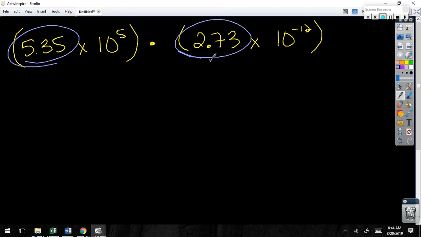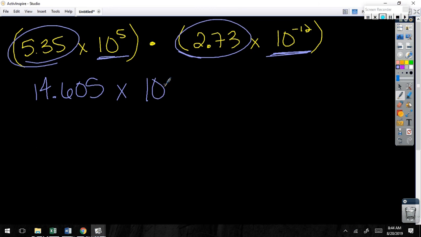It's 14. 14 what? 14. 5.35 times 2.73? 14 point what? And then we look at the tens, and because they're like bases, what do we do with the exponents? Add them. 5 plus negative 12 is negative 7.